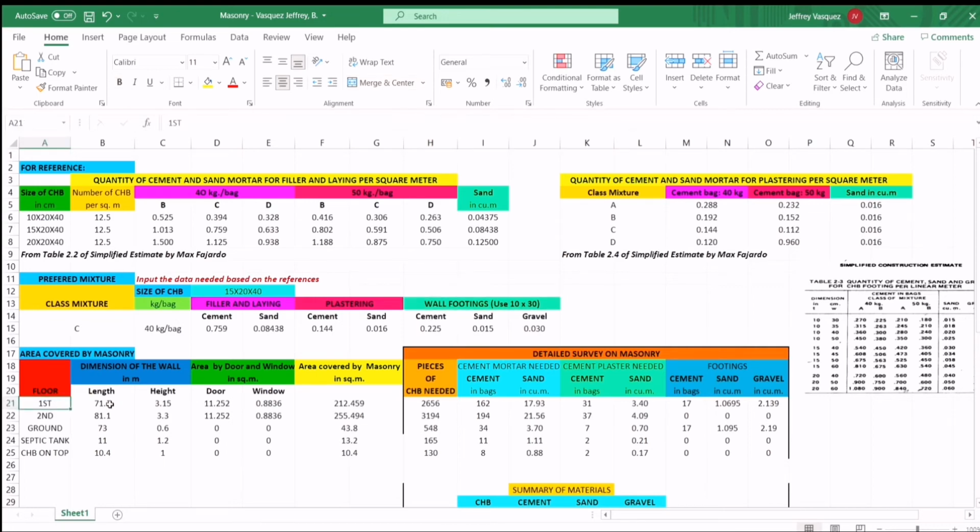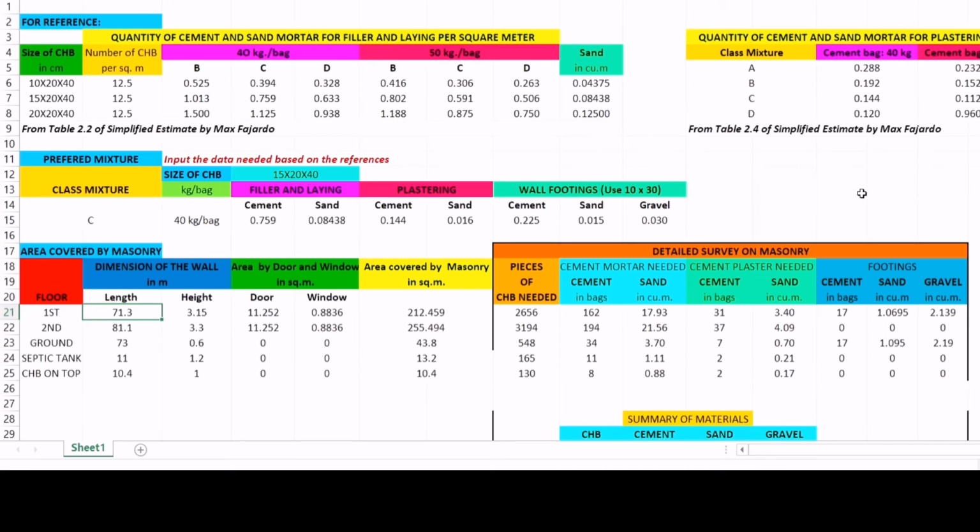First we need to count the total length or the perimeter of the walls that will be covered with masonry works. So we have 71.3 meters, as well as the height, 3.15 meters, and then we have to count the area which is taken by the doors and windows.